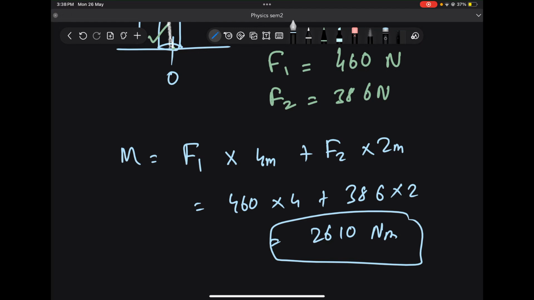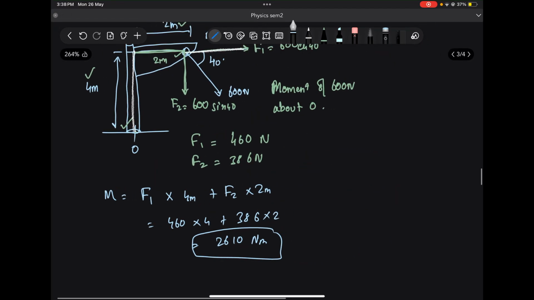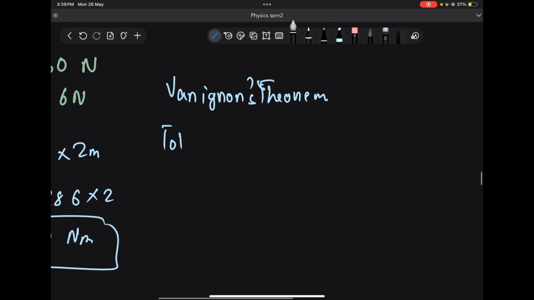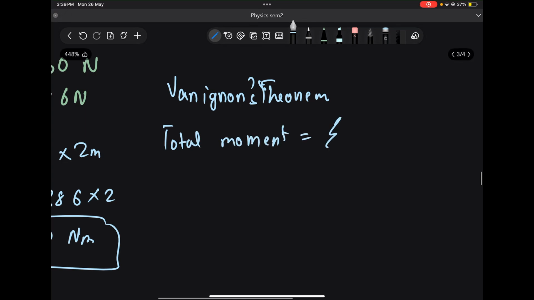Now, even though this looks very simple, this method actually uses a theorem which lies hidden. The theorem is known as Varignon's theorem, which states that total moment about a point will be simply equal to the algebraic sum of all moments.